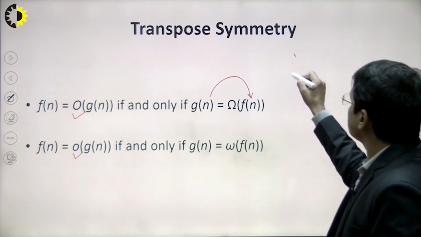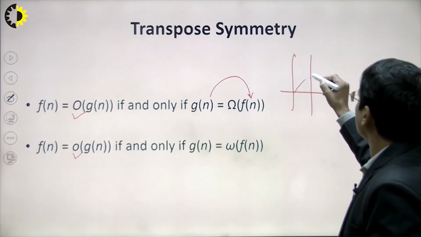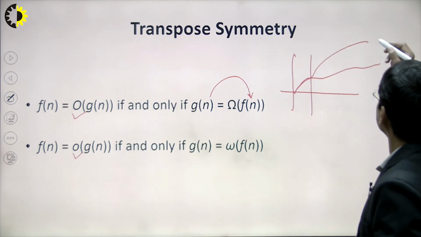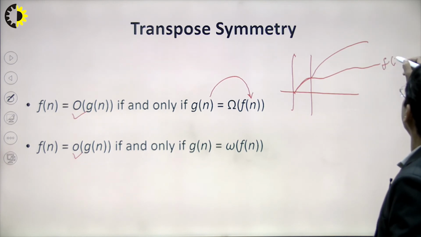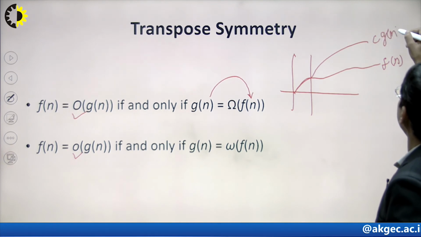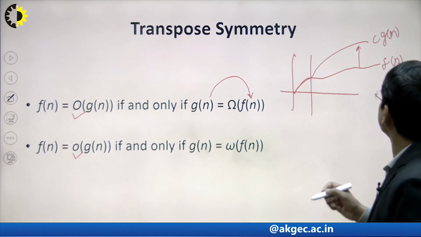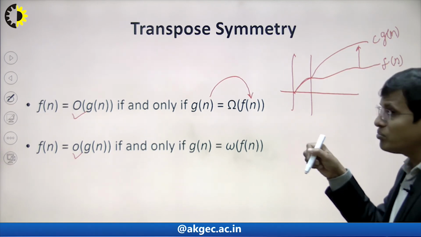As we can see here in the graphical notation, let's say this is the big O notation. So for big O notation, f of n is reaching for the c of g of n, right? And that is the lower bound notation, that means f of n is going to reach for the minimum one.